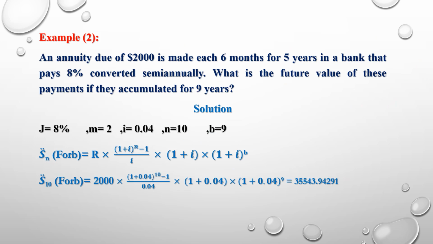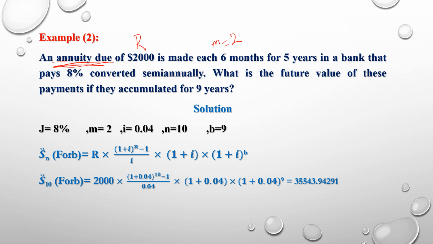Another example, an annuity due of $2,000, so this is R, is made each 6 months for 5 years. So m equals 2, as the payment is made every 6 months, so twice a year.